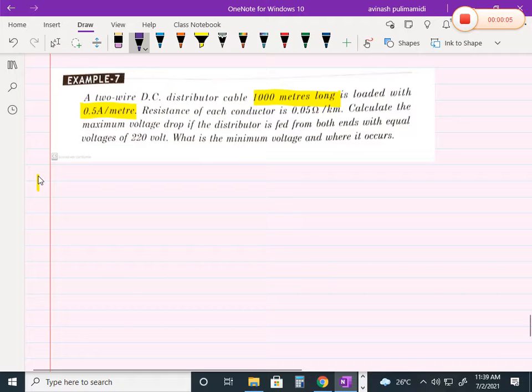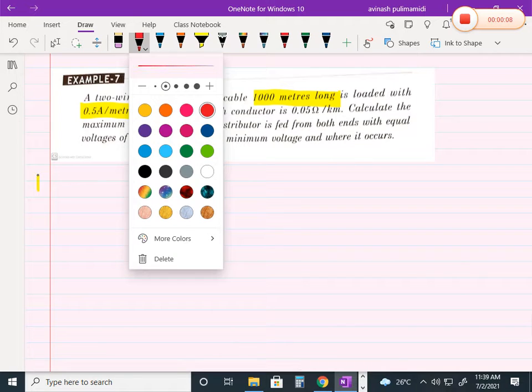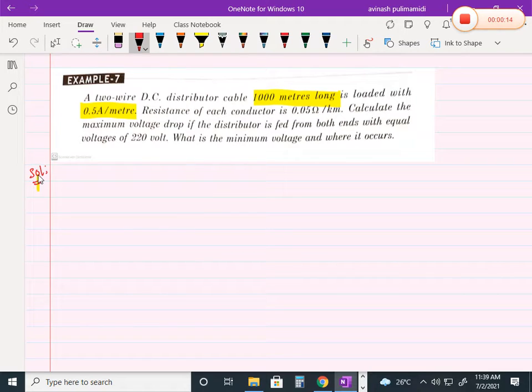So what is the given data here? Resistance of the distributor per meter is equal to how much?